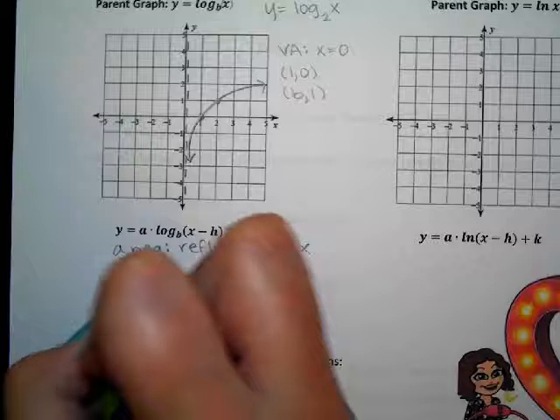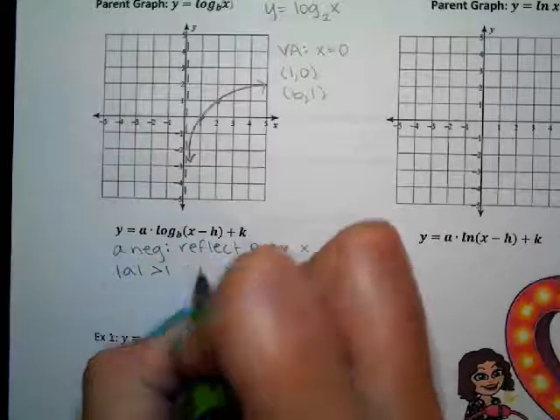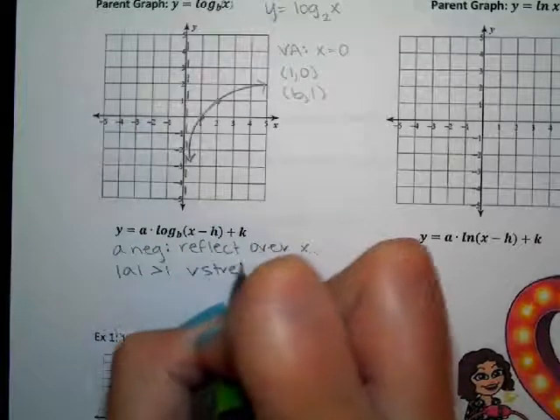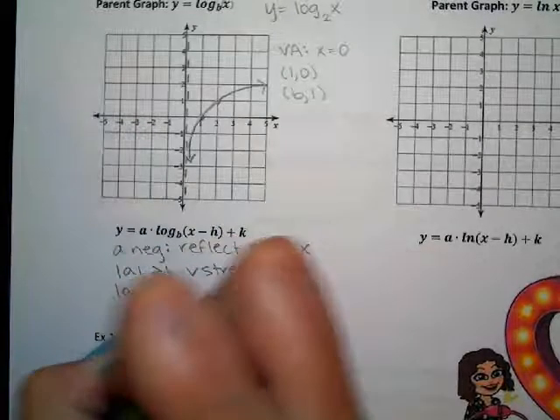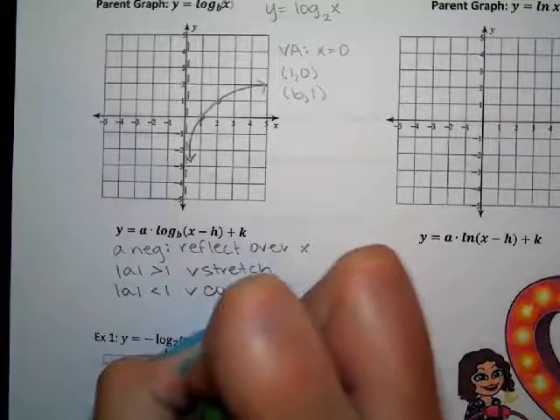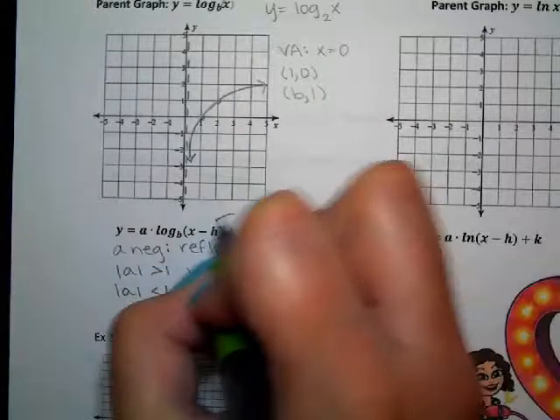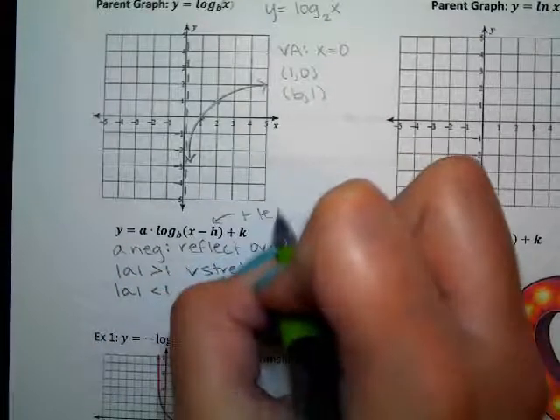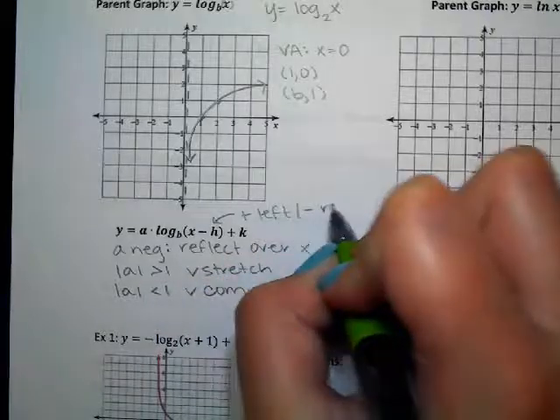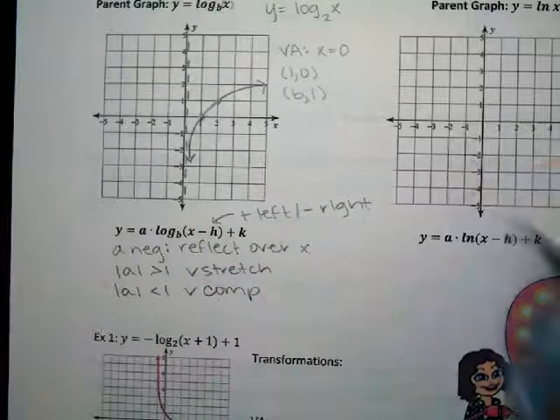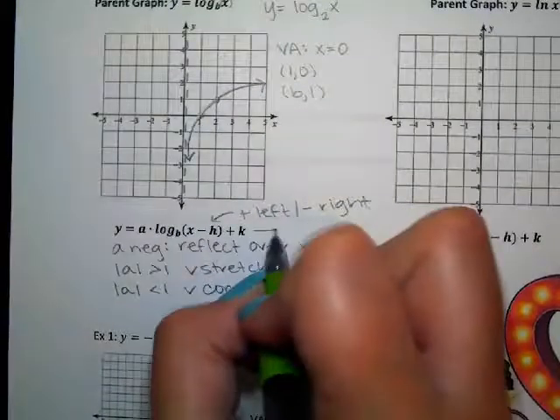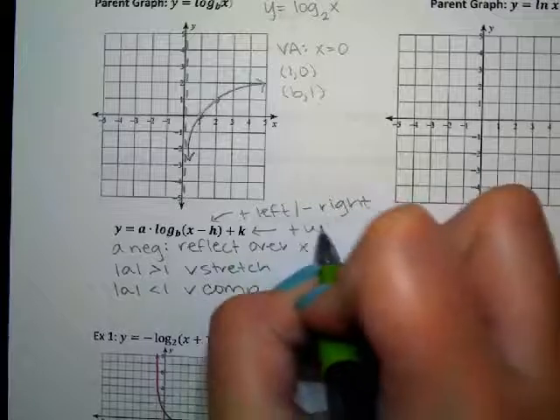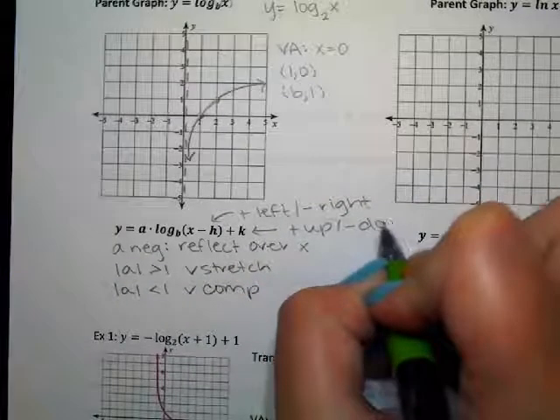When the absolute value of a is greater than 1, that's our vertical stretch. Absolute value of a is less than 1, that's our vertical compression. The h, if it's plus, that's to the left. If it's minus, that's to the right. So just like normal, it's the opposite of what we would think. With the k, if it's plus, that's up. If it's minus, that's down.